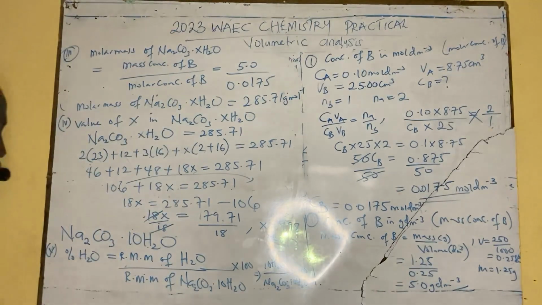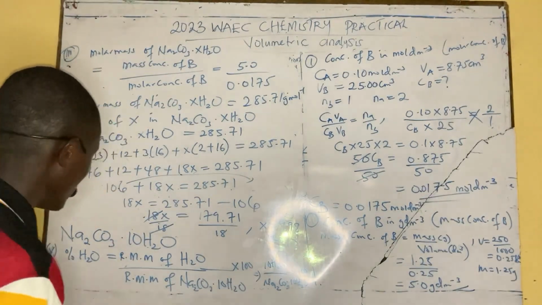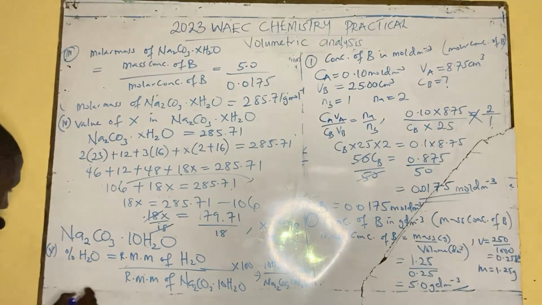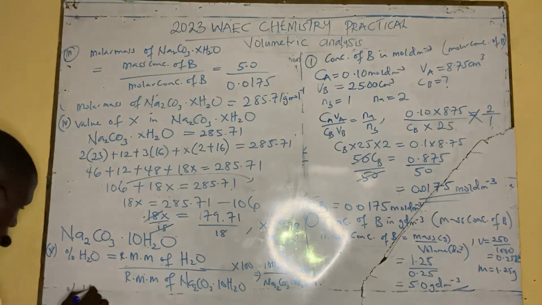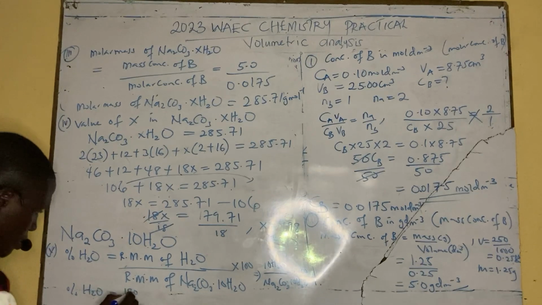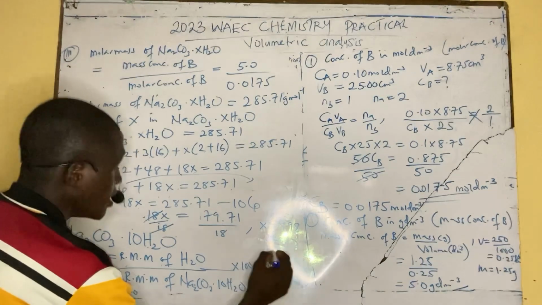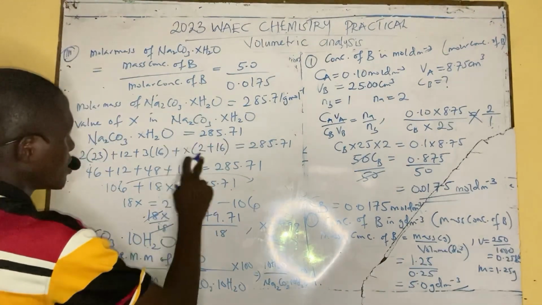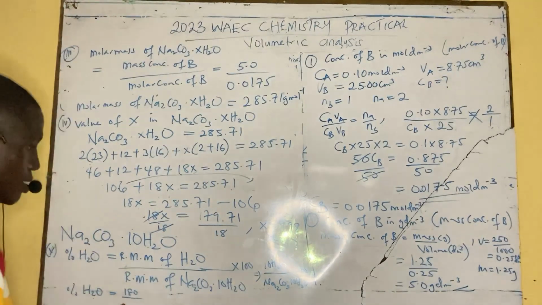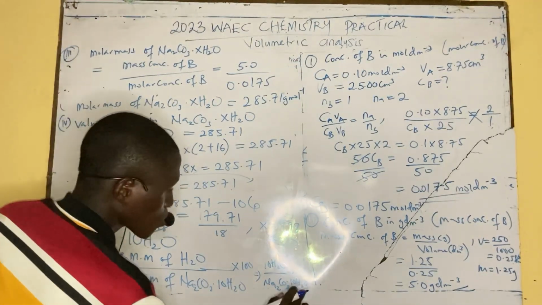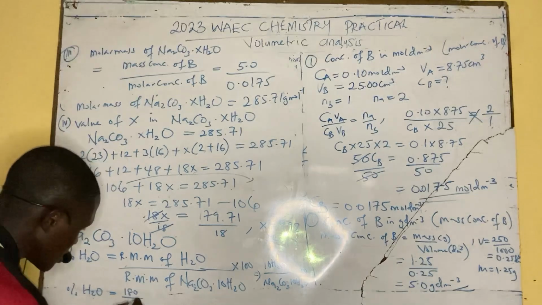So the numerator is going to be 180, because 18 times 10 gives 180. So 106 plus 180 will give you 286.